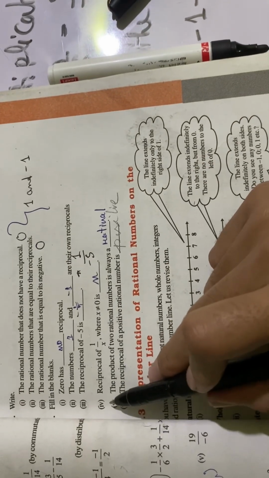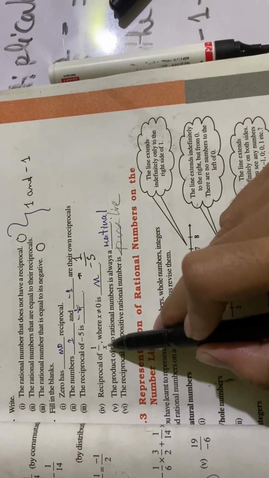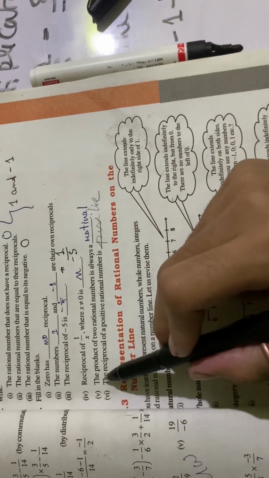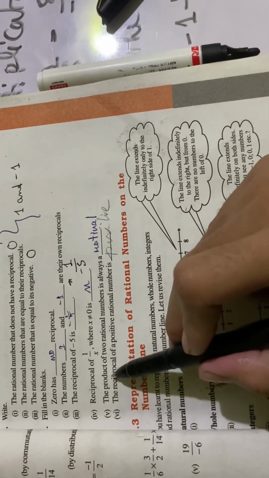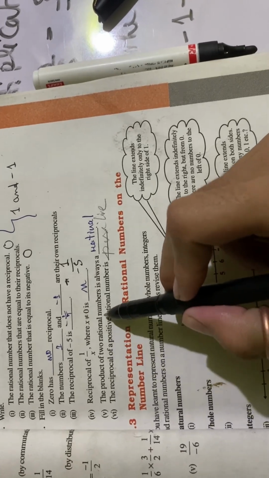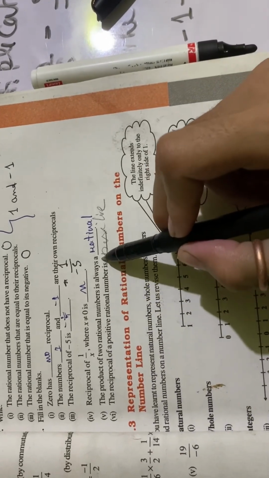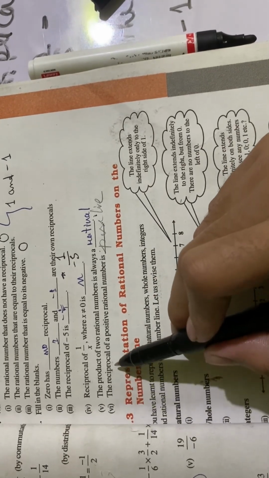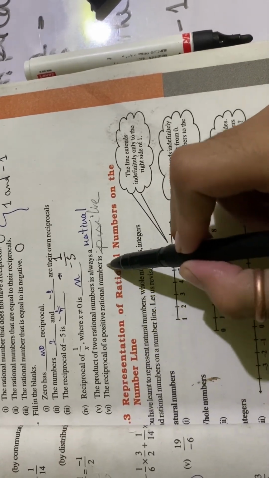Question number 4, reciprocal of 1 by x, where x is not equal to 0, is x. Question number 5, the product of two rational numbers is always irrational. Question number 6, the reciprocal of a positive rational number is always positive.